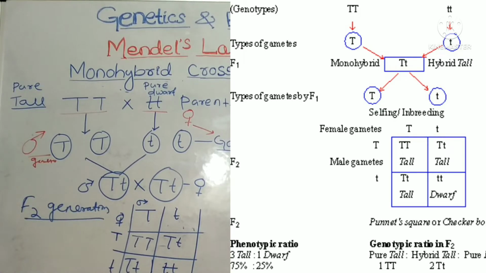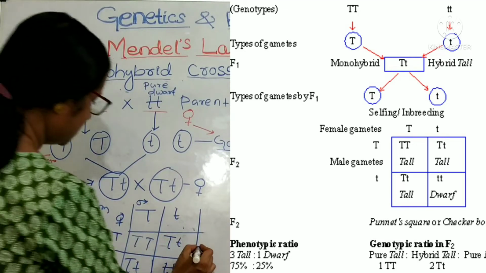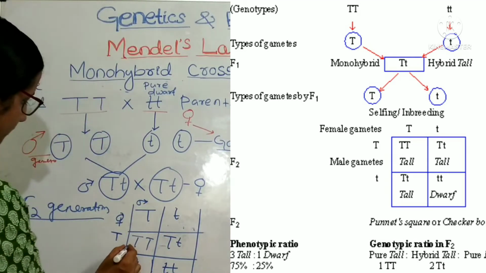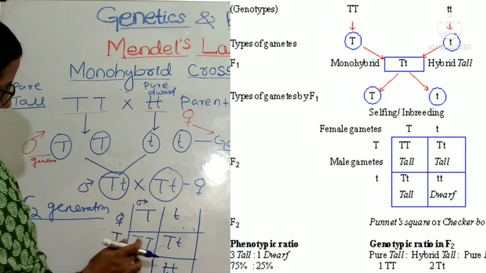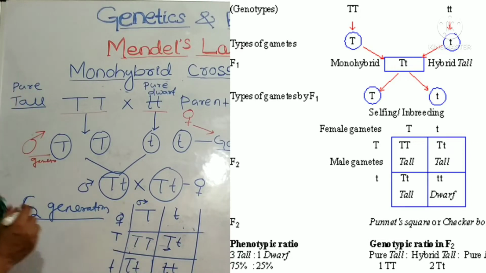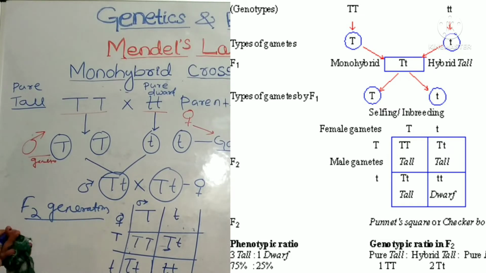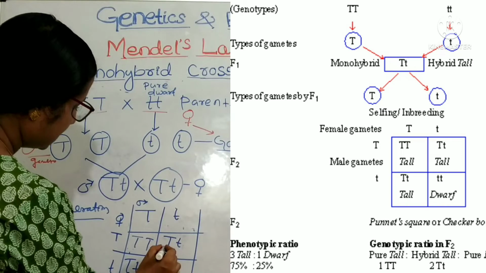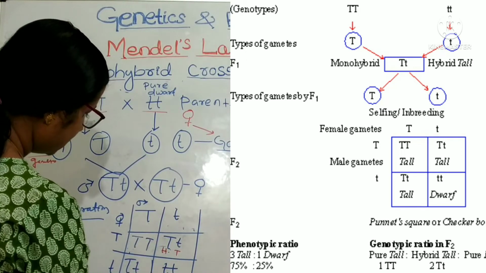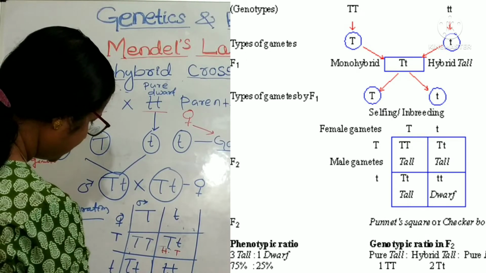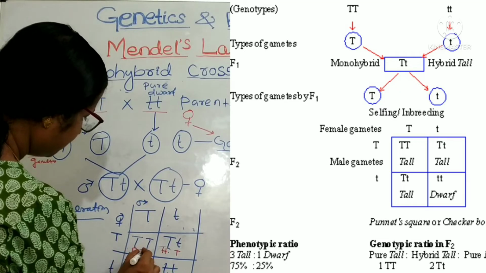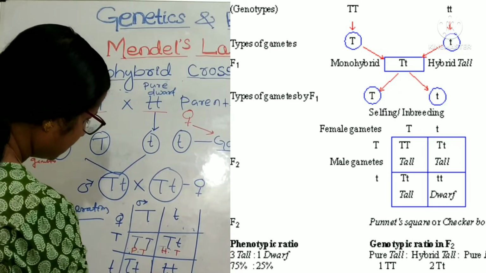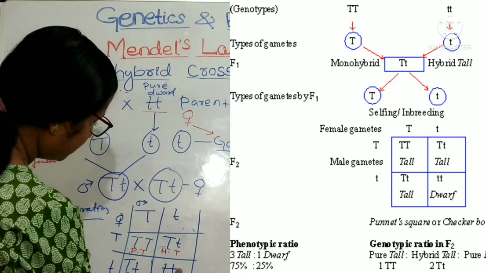Here, three plants are tall. This is pure tall, and this is hybrid tall. We will mark it in different colors for better understanding. This is hybrid tall, this is hybrid tall, this is pure tall, and this is pure dwarf.